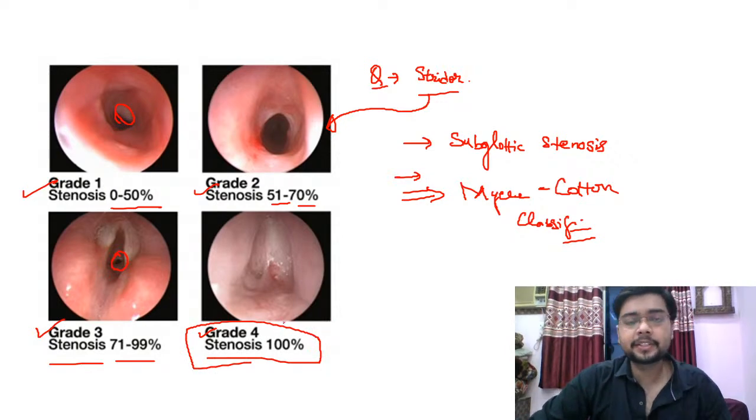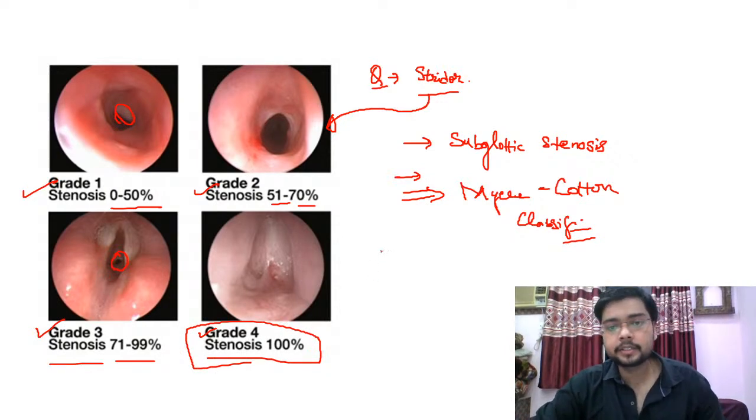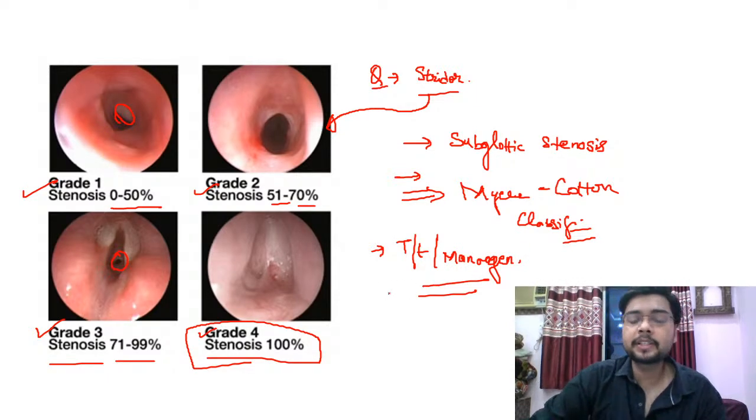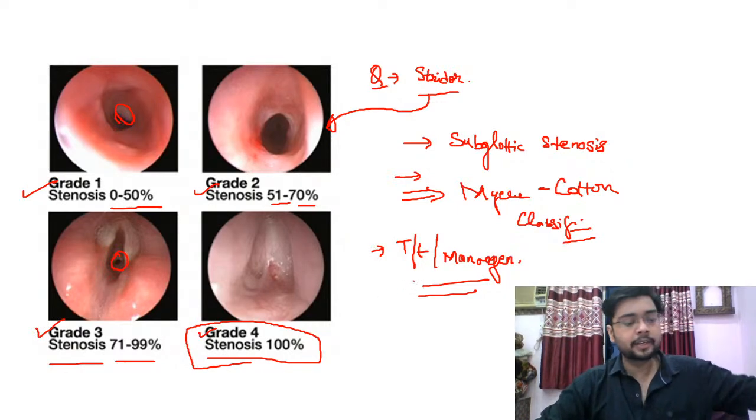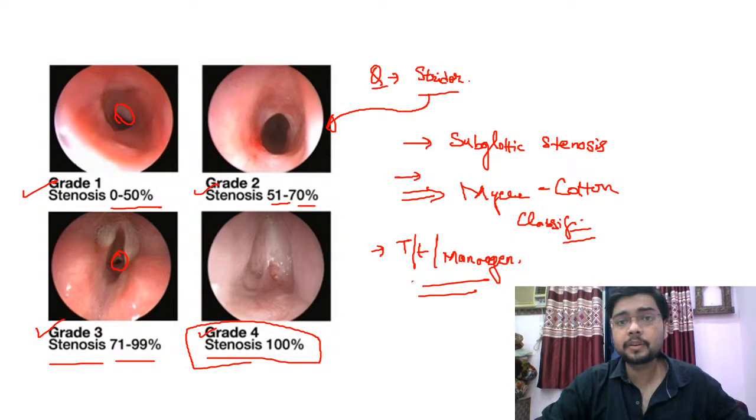So why is this gradation important? This gradation is important because the management of this subglottic stenosis depends upon it. Grade 1 and 2 can be treated by anybody who has an idea of stenosis treatment.